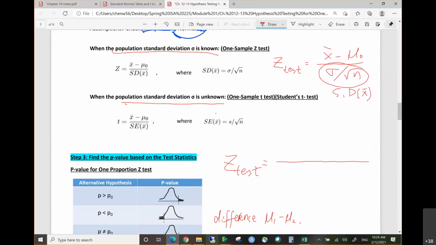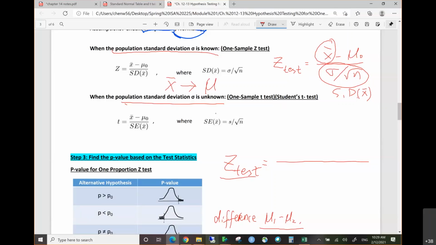So now think about the first thing, x bar. What is x bar here? X bar is the sample mean, right? We use the sample mean to estimate the population mean. That is why we use x bar minus mu0 here. Similarly, for two sample test, what would you use to estimate the difference mu1 minus mu2?